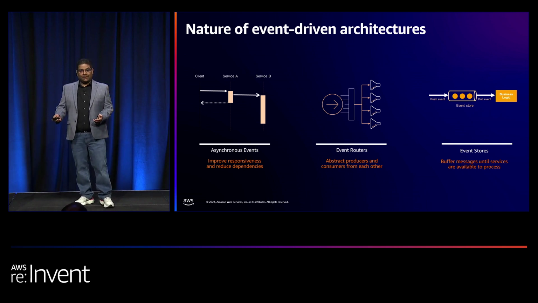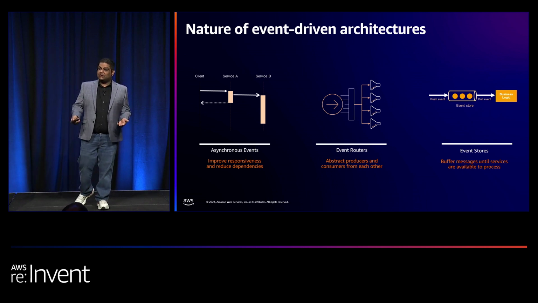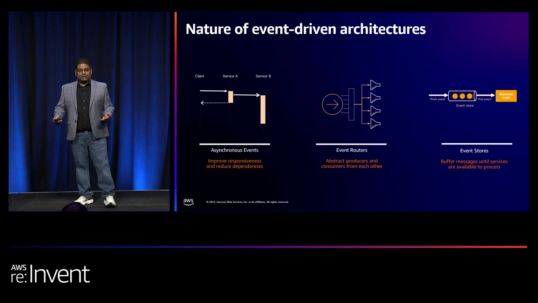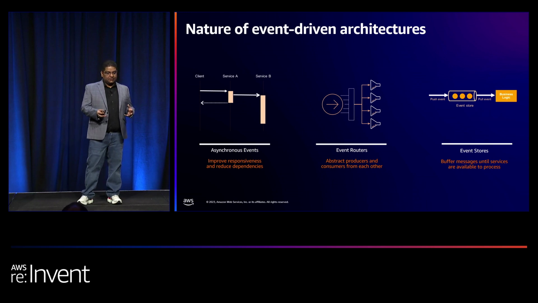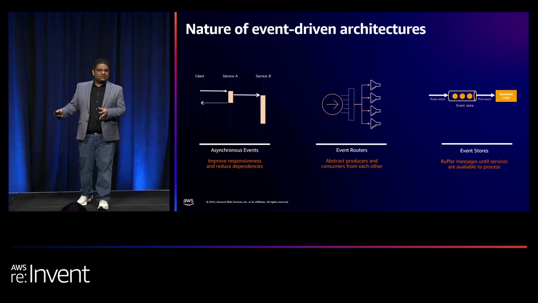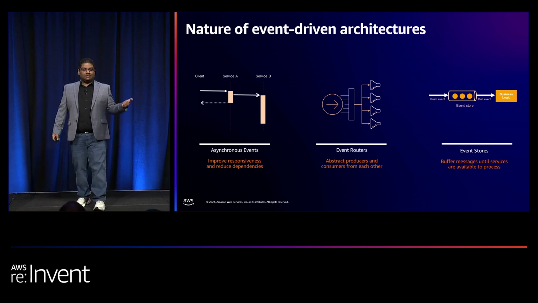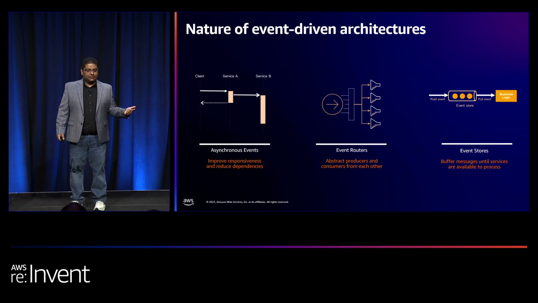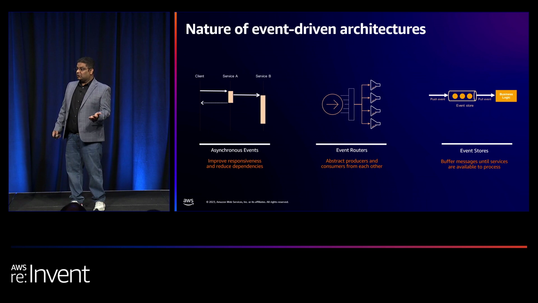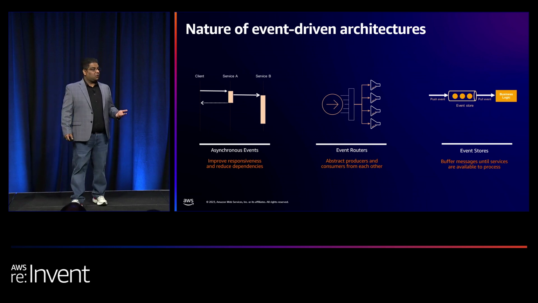SQS is one of the AWS examples that you can use as an event store at the consumer side. So they buffer the messages until the services are available to pick them up and work on them. So three core things: asynchronous events as the central nervous system of event-driven architecture, pub/sub with event routers or event brokers, and event stores where you think that a spiky workload can overwhelm a consumer.